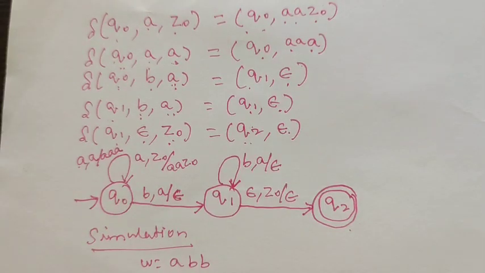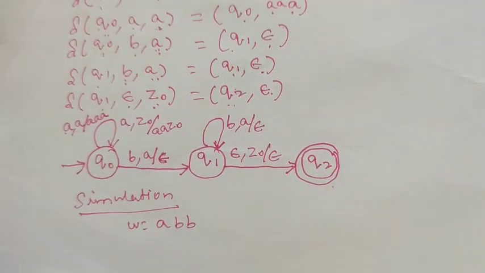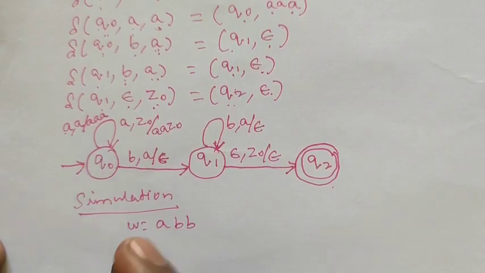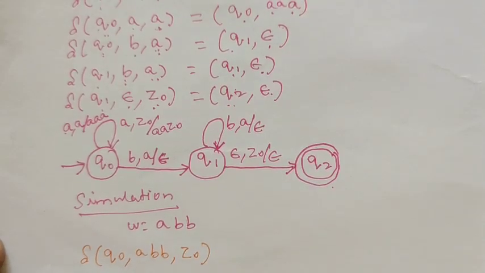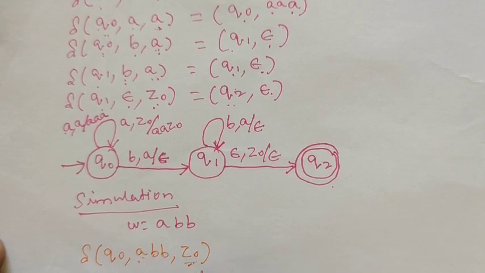If you want to validate this, we start from Q0. Delta of Q0, input ABB, and the topmost symbol is Z0. Initially, Z0 will be there. When input is A, topmost symbol is Z0, that means Z0 remains untouched, and two A's will be pushed inside the stack.